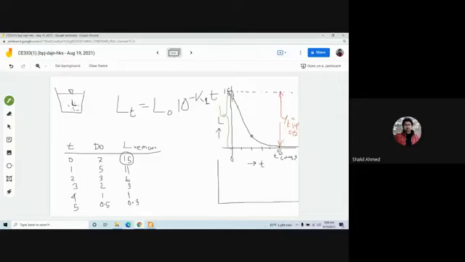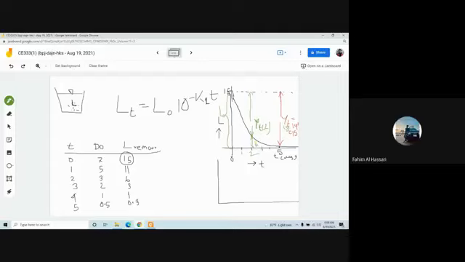Let's come to this point. This is also Yt, at time t equals 1, 2. At time t equals 2. This is Yt at time t equals 5 days. So this Yt equals L0 minus Lt. Am I right?